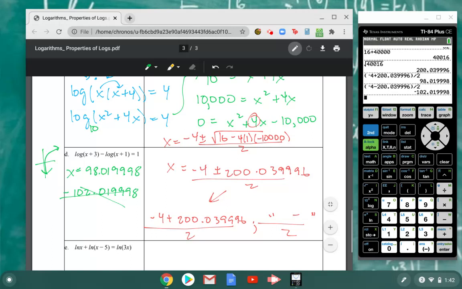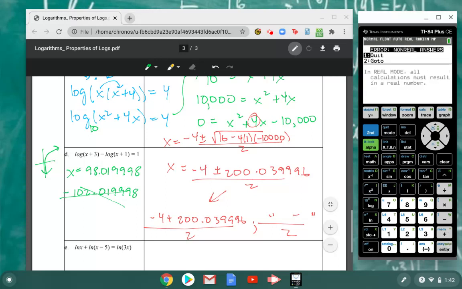So that's the graph of a logarithmic function. So that means I've got to throw that out. Logarithms have restricted domains. You could always check it by attempting to type it in. If you did log of negative, I'm just going to round it to 102 just for checking purposes here, plus 3. So if you were to attempt to check this to make sure that you can get one on the other side, you immediately end up with a non-real answer. So this is the correct answer.